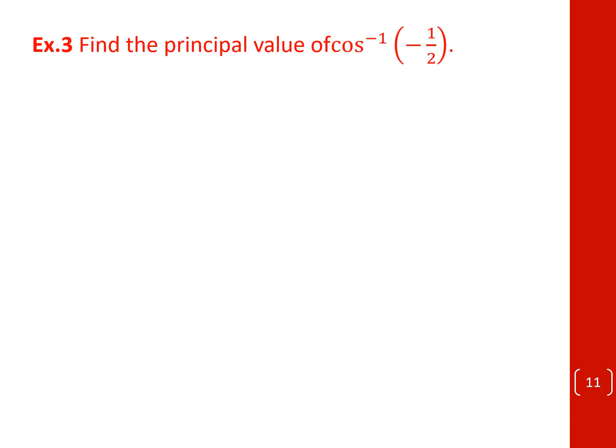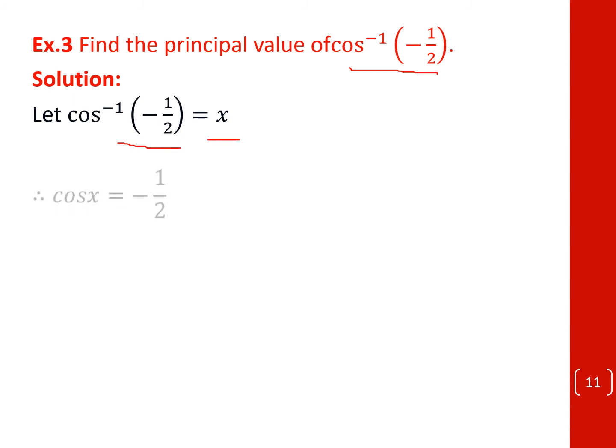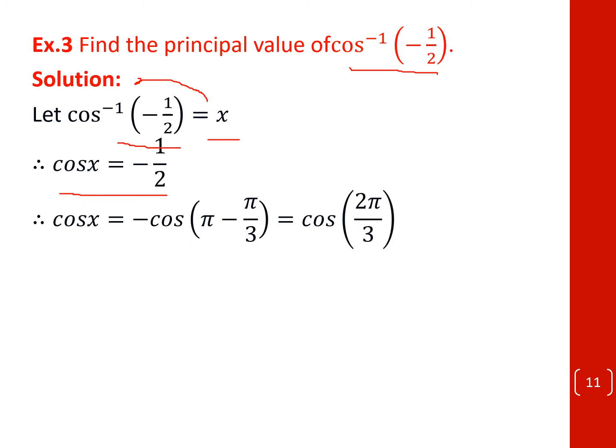Third example, find the principal value of cos inverse of -1/2. Solution, let cos inverse of -1/2 is equal to x. So we have cos x is equal to -1/2. So student, here negative sign is there, so we will use allied angle formulae. That is, cos x is equal to minus cos of pi minus pi/3.